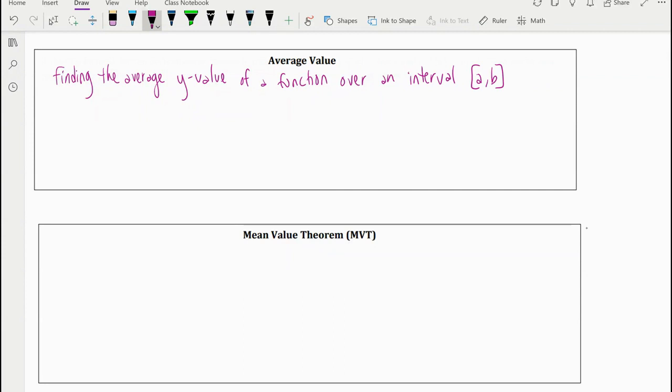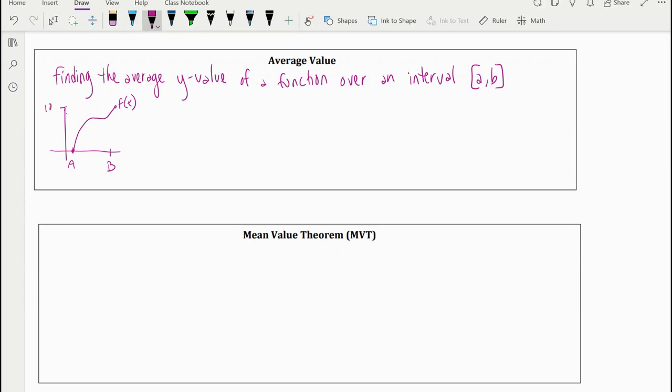So for example, if I have a, b, and let's say f of x goes from here to here, okay? Then my average y value, so we'll say this is f of x, would be something in between 0 and whatever that number is. Let's say that number is 10, right?